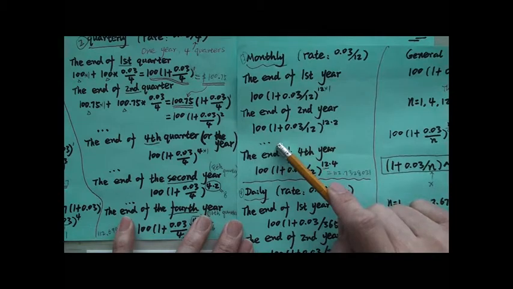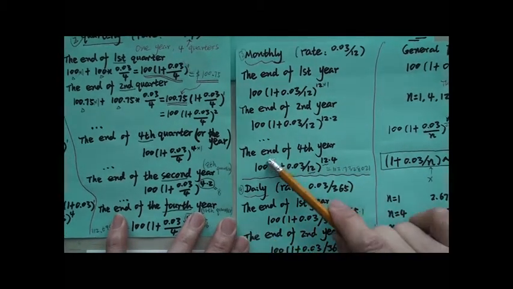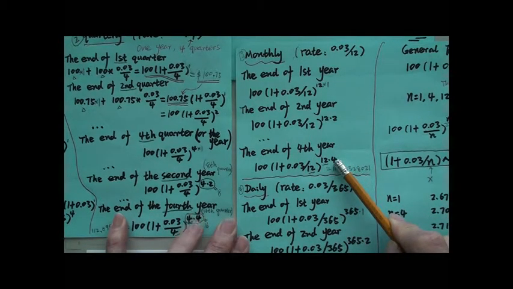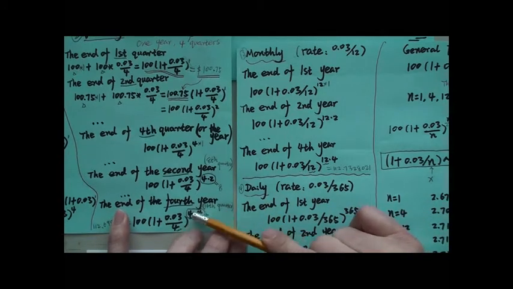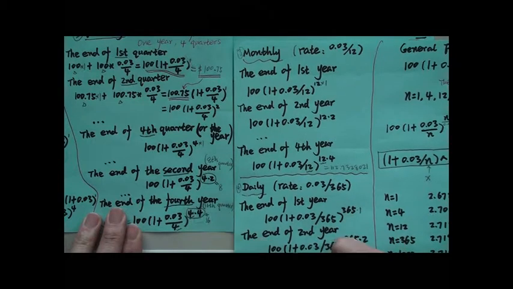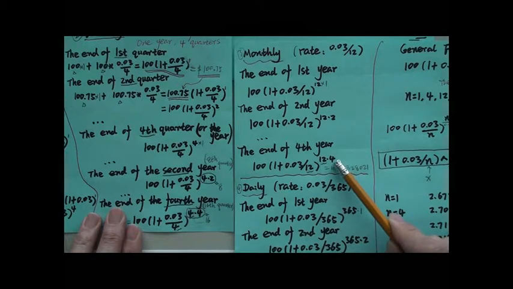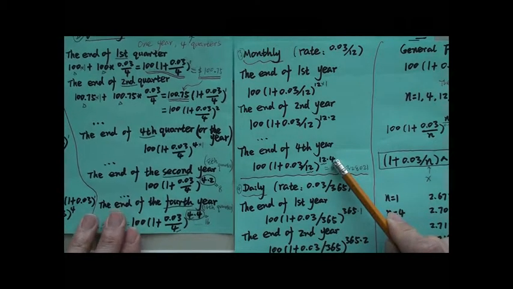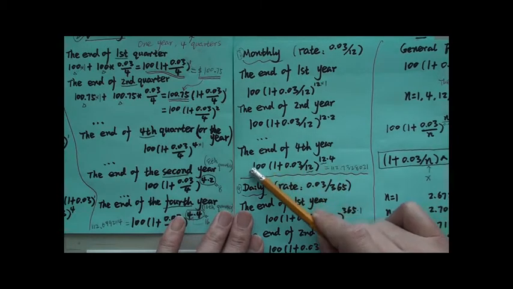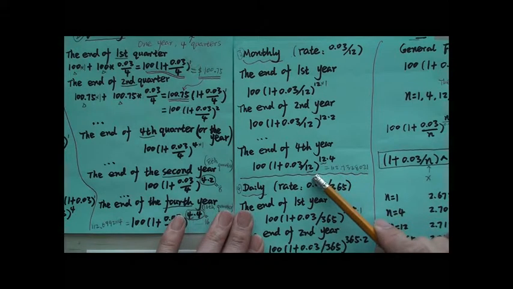I didn't write it here. You may add it right here. So the end of the fourth year would be 12 times 4. It's like here, 4 times 4 because 4 quarters. Here is 4, here is 4. Here is 12, here is 12. We want to figure out the amount at the end of the 4 years. So this is the formula for compounded monthly at the end of the fourth year.